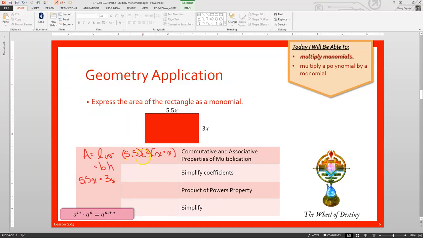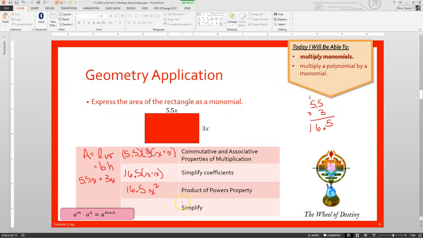So now we're going to simplify our coefficients, and let's see, 5.5 times 3 I think is 16.5. 5.5 times 3, there's 15, carry the 1, 16, 1 decimal place, yep, 16.5. So there we just took care of the coefficients. And now we're going to take care of the powers of the variables. 16.5, and x times x is the same thing as x squared.